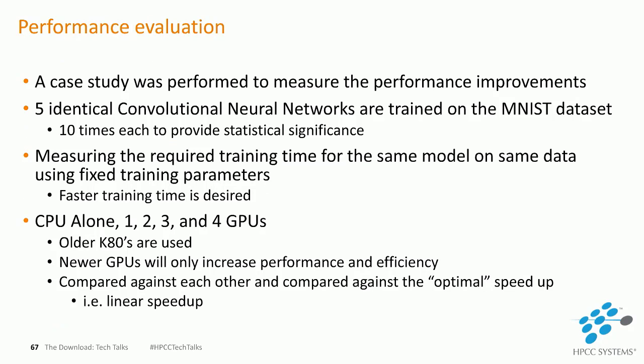Okay, so quick performance evaluation. I did a case study to measure the performance improvements. I trained 5 identical convolutional neural networks, or CNNs, on the MNIST data set, which is handwritten digits, and I did them 10 times each.